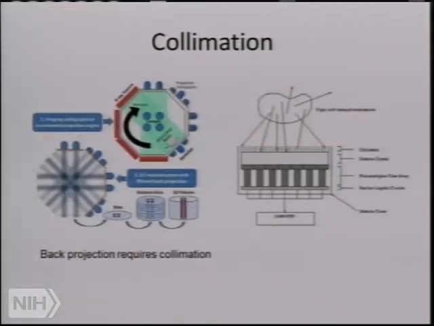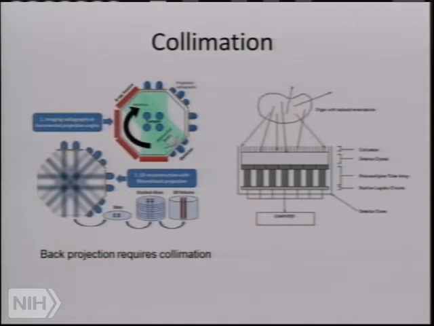Now, I'm not going to spend much time on the back projection. I've described that already. But one particular aspect of this for SPECT imaging is that it requires very close collimation. And what is collimation? Collimation is the use of these metallic dividers, essentially, that prevent stray gamma rays from getting to the detector.